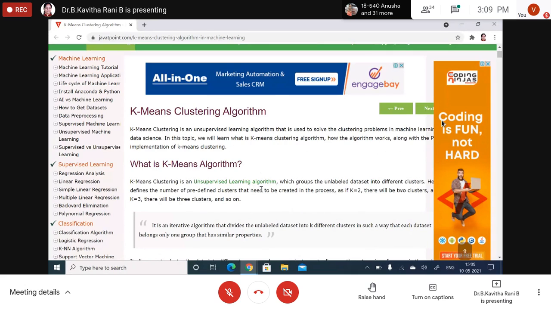So first of all, k-means algorithm is an unsupervised learning algorithm. That is nothing but, as I have told you, you don't have any class label. You don't know the output here. Only the data is given to the system, and the system will evaluate the output. So this is unsupervised. But in case of supervised learning algorithm, we know what is the input value and what is the output value, the target function and class label.